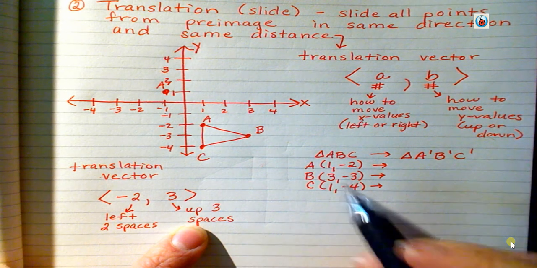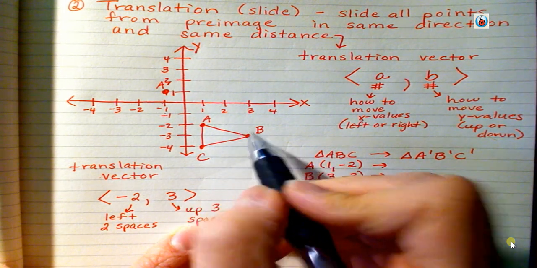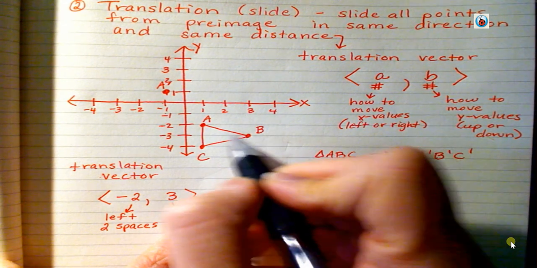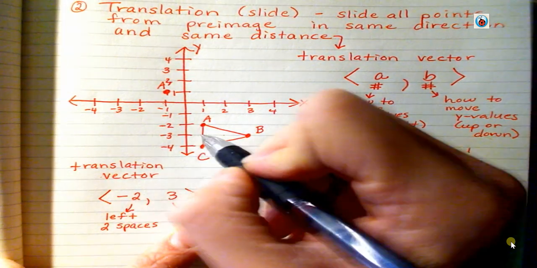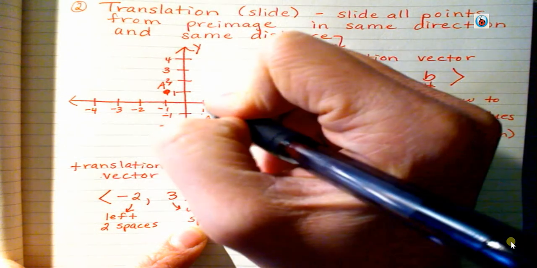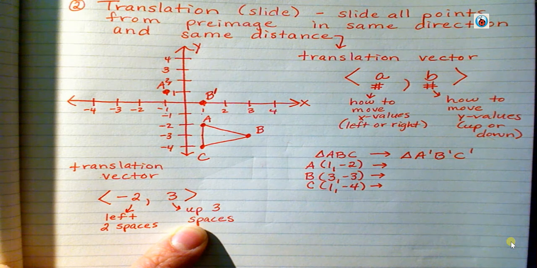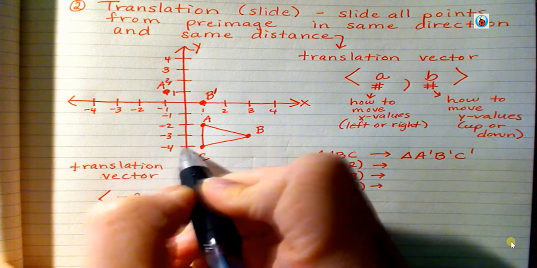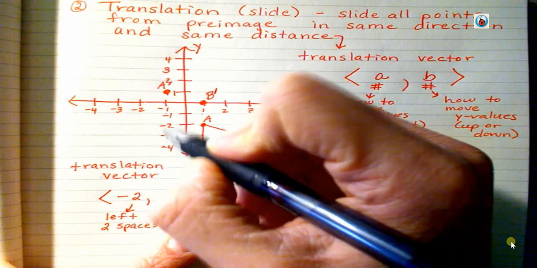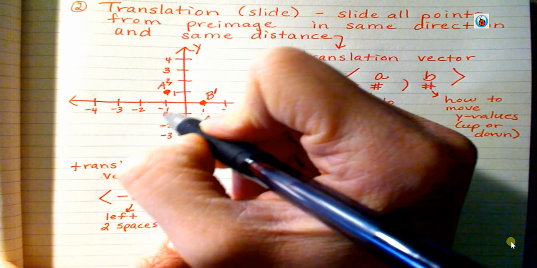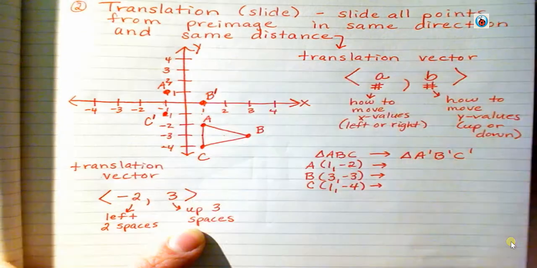And then for B, go to it. I'm going to count that left 2 spaces, and then up 1, 2, 3 spaces, and there's my new point B, which I call B prime. And then for point C, I'm going to go left 2 spaces and up 3 spaces, and there's my new point C, which I'm going to call C prime.